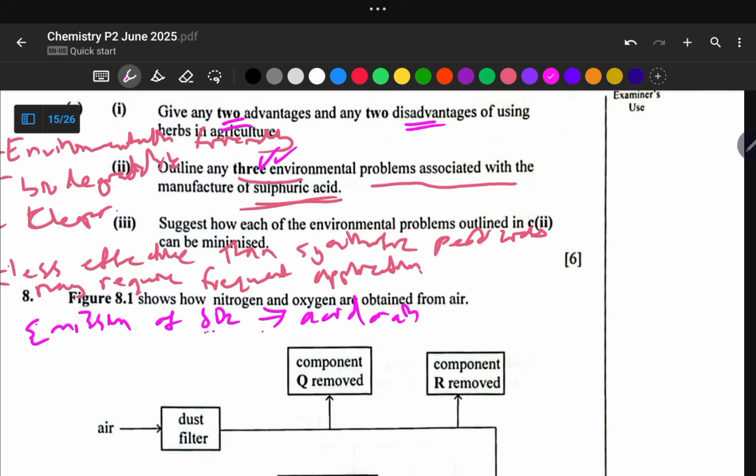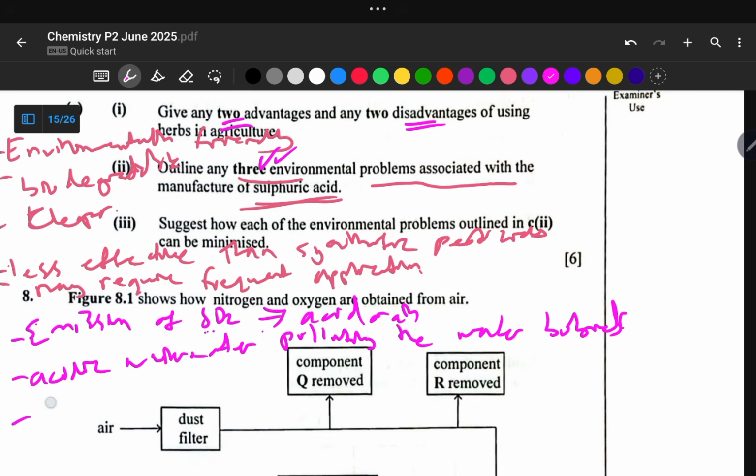We can also have the discharging of acidic waste water into the water bodies, polluting the water bodies. So this will affect the aquatic environment, right? The sources of sulfur, we can extract sulfur from iron pyrite.